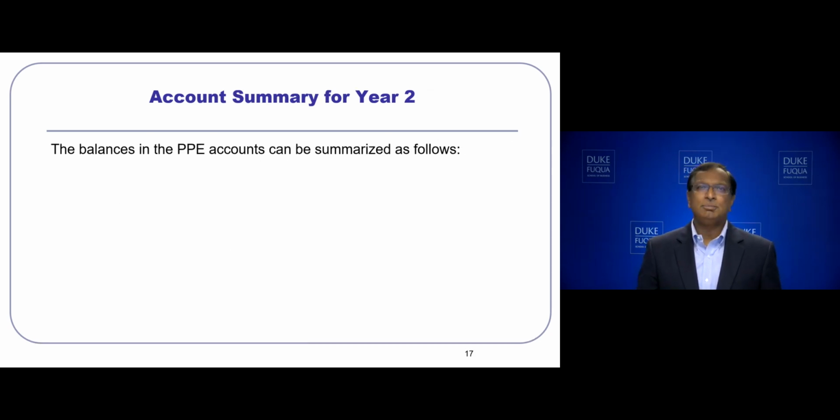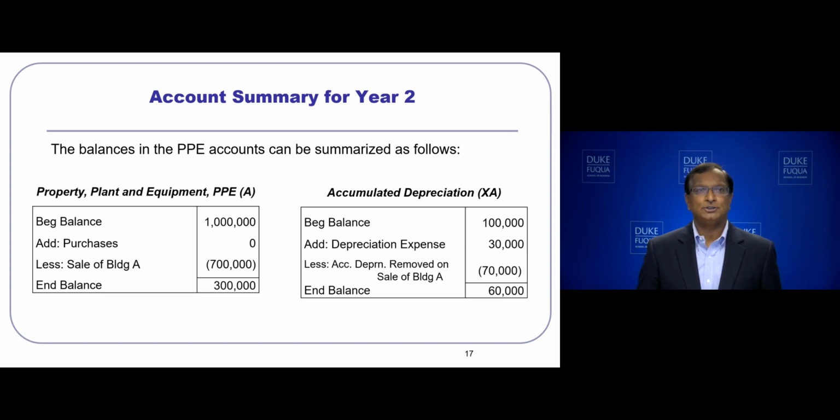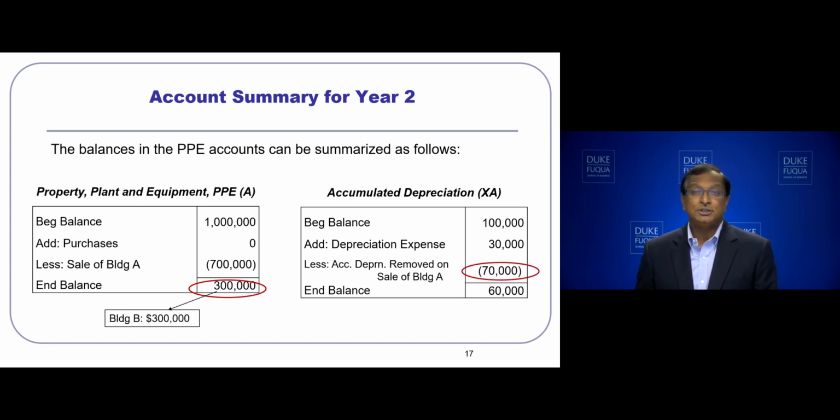Now the balances in the PP&E accounts can be summarized as follows. On the PPE account, we had a beginning balance of $1 million. Then because of the sale of PPE, the sale of building A, we need to remove 700,000. So what is left is just building B. On the accumulated depreciation, the same thing is true.